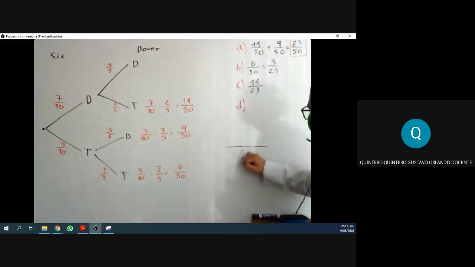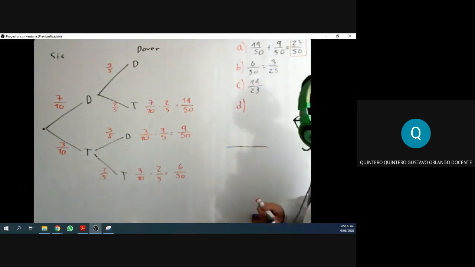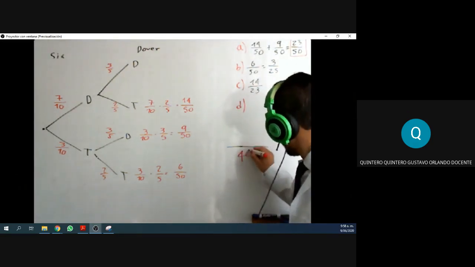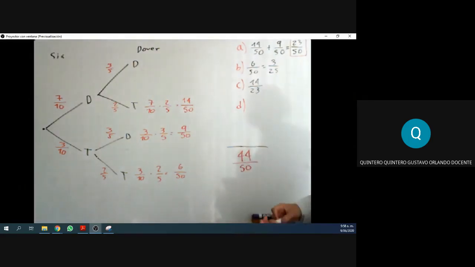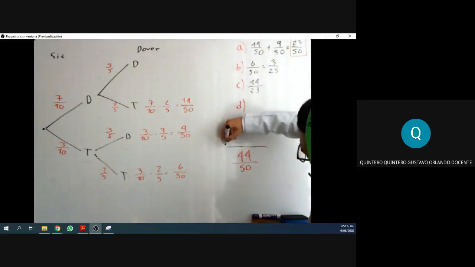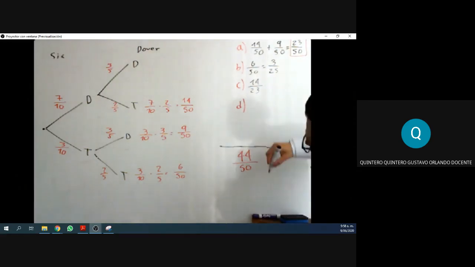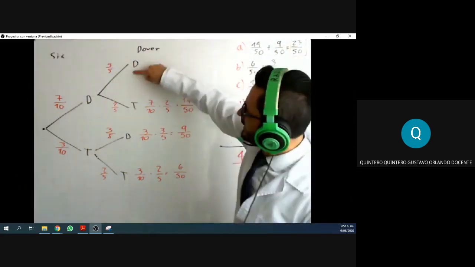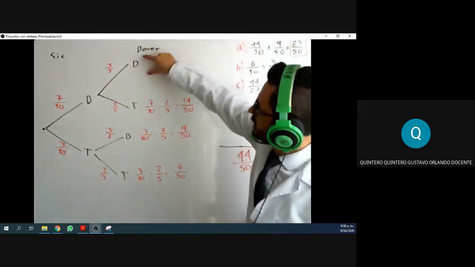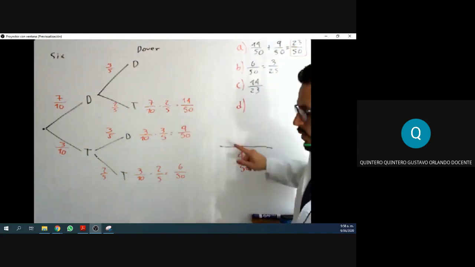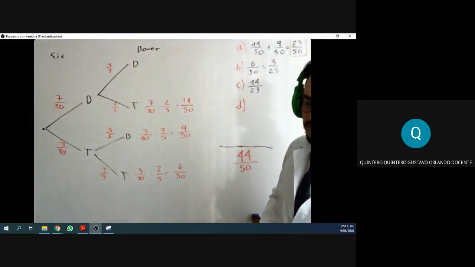Here, 44 over 50. Better. How do I know that is the probability? Simple. I just added the other ones. I said this one is good, this one is good, this one is good, this one is not, right? So this probability plus this one will give me 44 over 50.